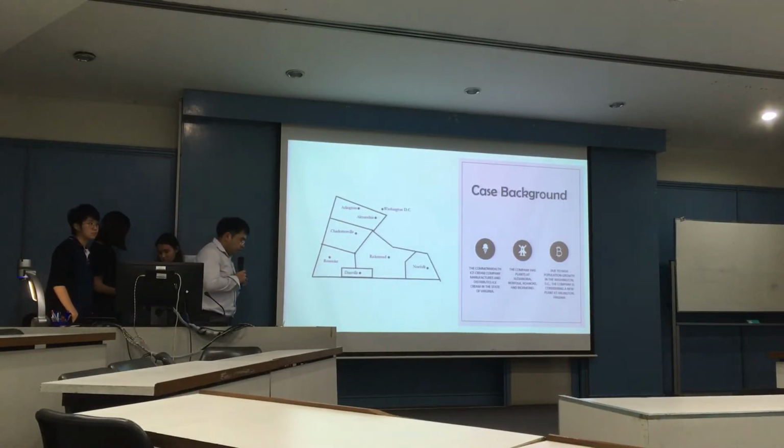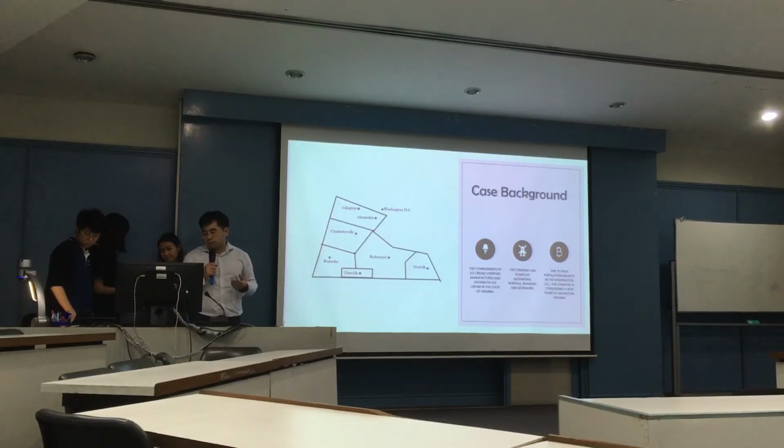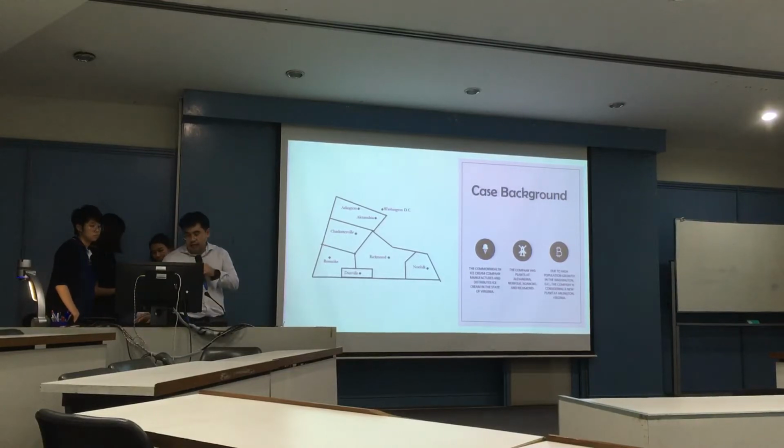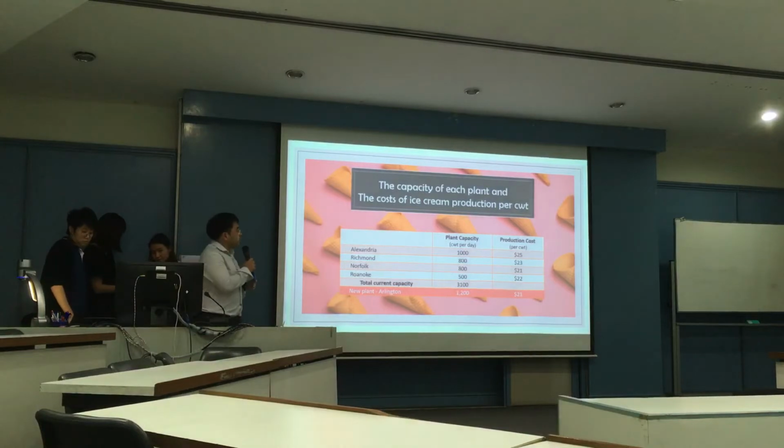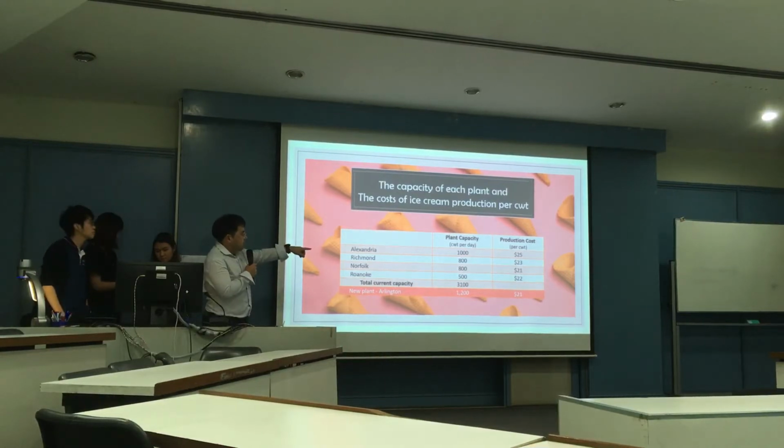Due to high population growth in Washington D.C., Commonwealth has come up with a new decision: to consider whether to build a new factory in Arlington or not. Right now, Alexandria has a plant capacity of 1,000, Richmond has 800, Norfolk has 800 also, and Roanoke has 500.